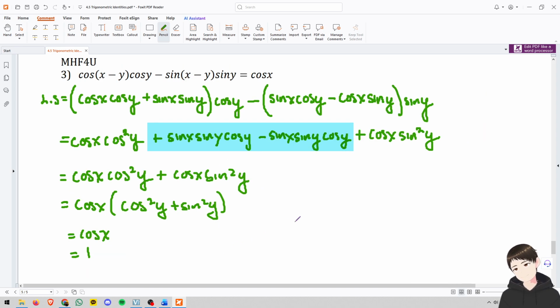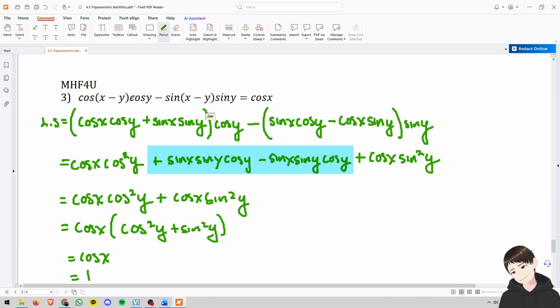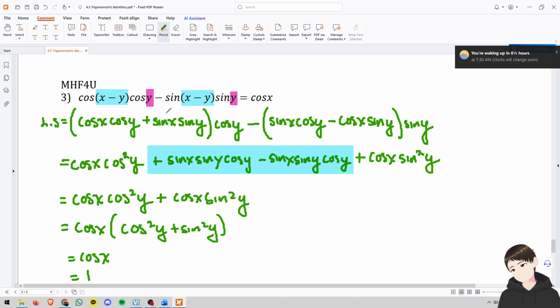Amazing. If you did it this way, this is what I would call just powering through. Good job. But there's another way. If you weren't tunnel visioned, you might have noticed x minus y and x minus y are the same, and y and y are also the same.